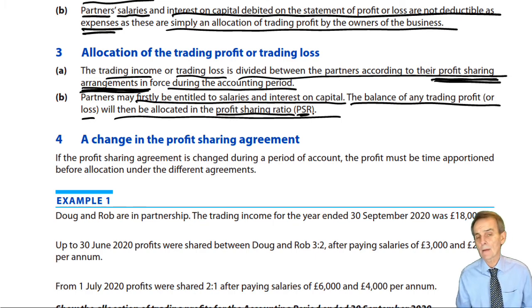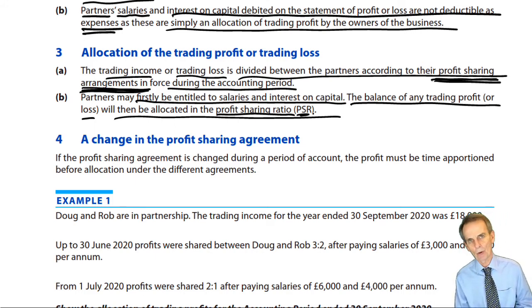Now, some of you will immediately recognise that you've done this exercise before in accounting. There you were dealing with just an accounting profit, but you apportioned it between the partners according to the self-same agreement. Were the salaries to be credited, was the interest on capital to be credited, and what balance then in the profit sharing ratio. That would be credited out to each of the partners.